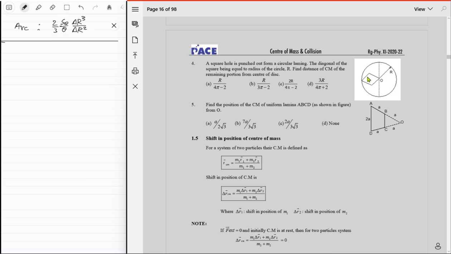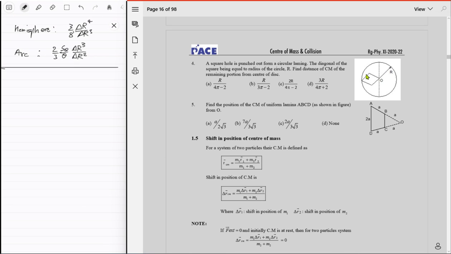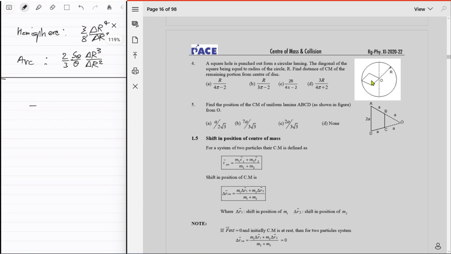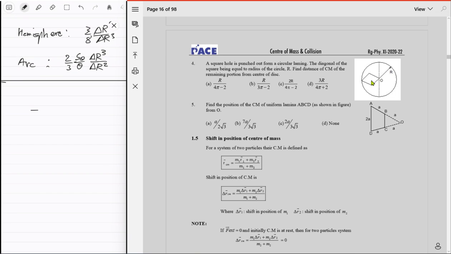So first of all, what's the mass of this guy? This distance is just capital R. The side is going to be r upon square root of 2, so the area is r squared upon 2, right? That's the mass of this guy, I believe. Or you could just say negative mass. So negative of area is what we'll actually be dealing with, because areal density is constant.